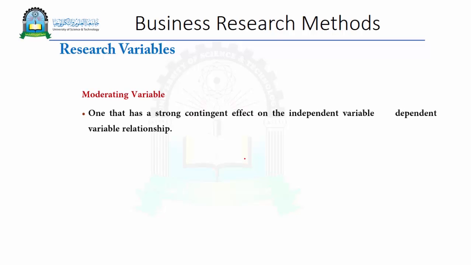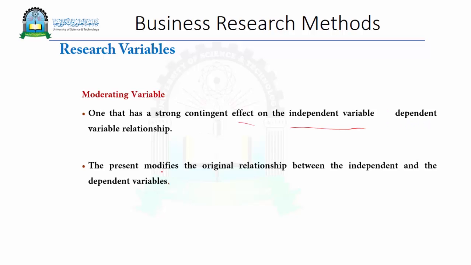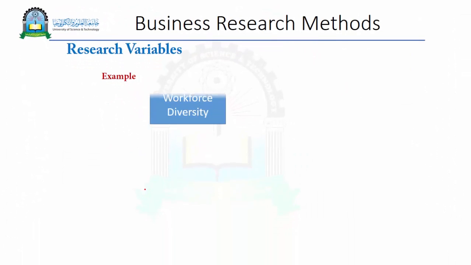A moderating variable is one that has a strong contingent effect on the independent variable relationship. The presence of it modifies the original relationship between the independent and dependent variable, and this is an example.